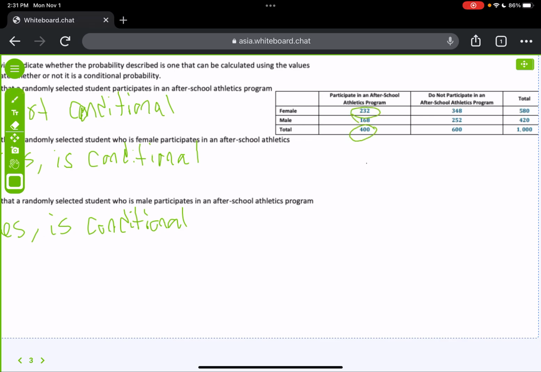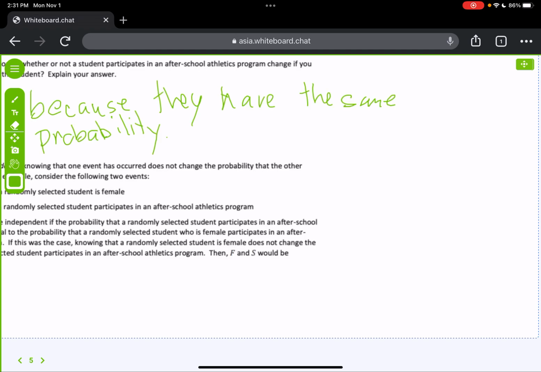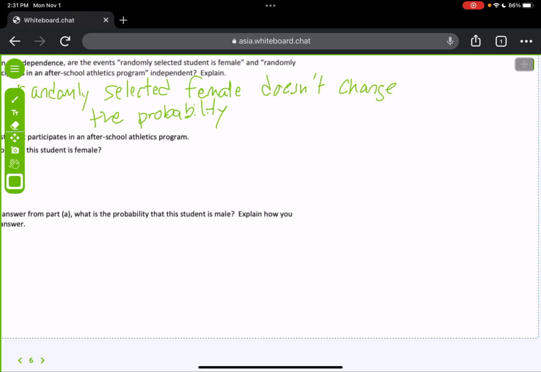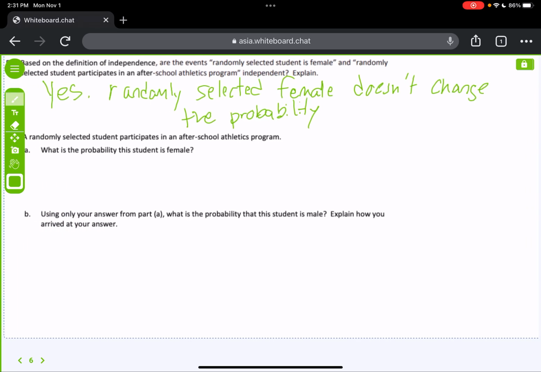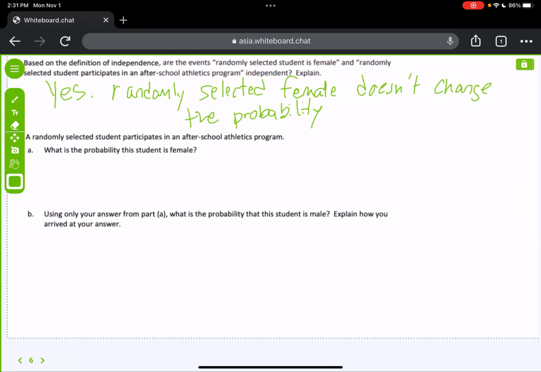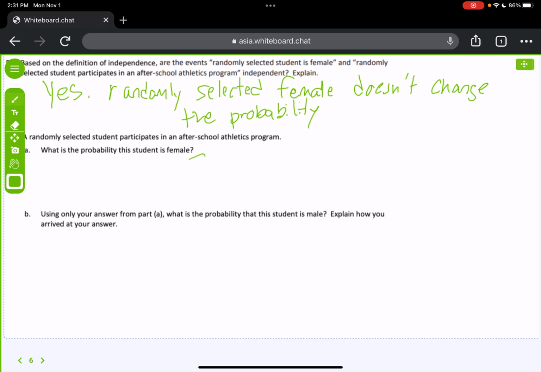And then that's female. So that's the percentage we're going to look at. It'll be 232 over 400, 232 out of 400, and that is about 58. I keep wanting to call it percent, but it's really not. It's a probability. About 0.58, 58 hundredths.